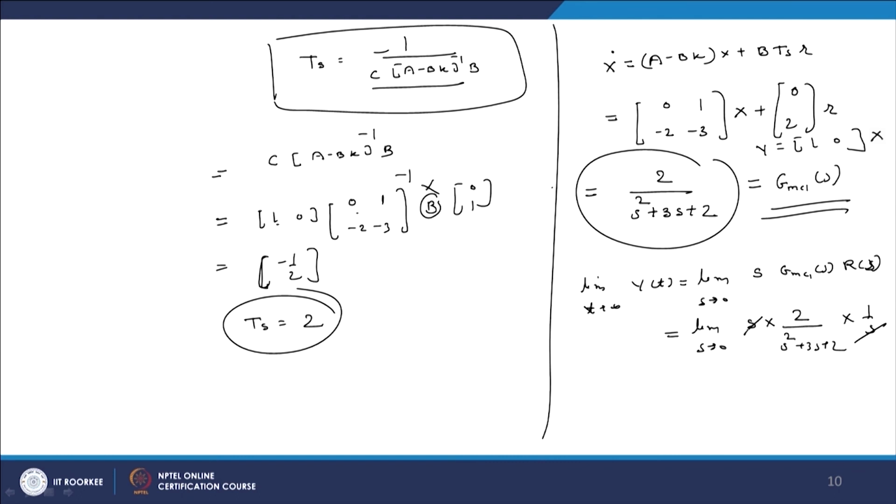So this is cancelled, and replacing s with 0 we get 1. So the steady state output is 1, the error is 0, and therefore the required result is satisfied. That means the response of this system, y of t, reaches a steady state of 1.